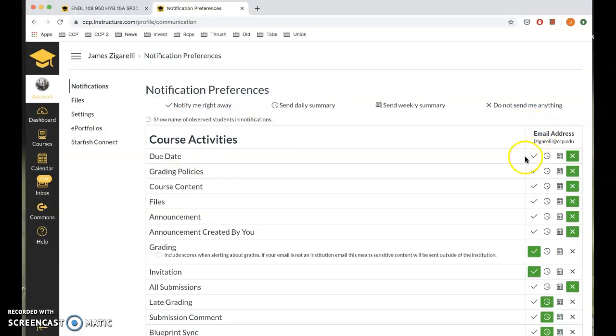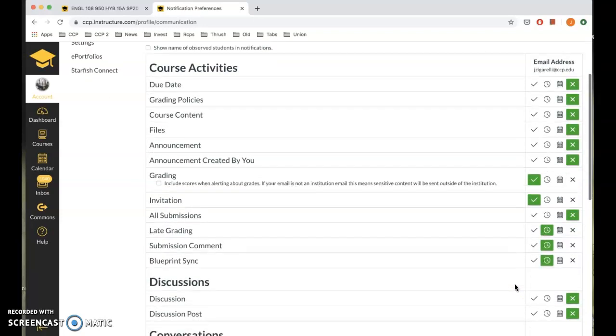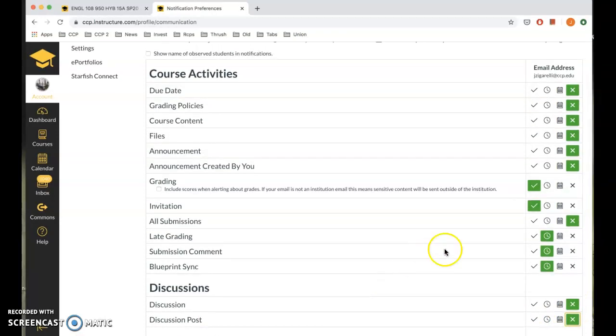You can tell it, notify me right away, send me a daily summary, send me a weekly summary, do not send me anything. So for the discussion posts, one of the assignments last week was a discussion post. If you had notify me right away, then every time somebody posted something, you got a notification. If you change that here, you will not get that anymore.